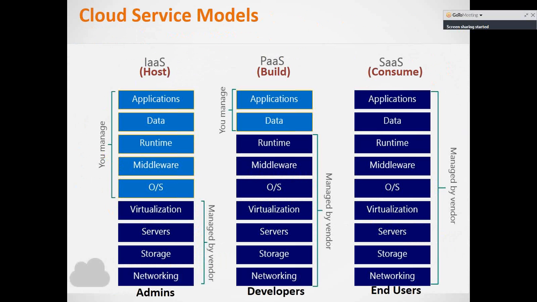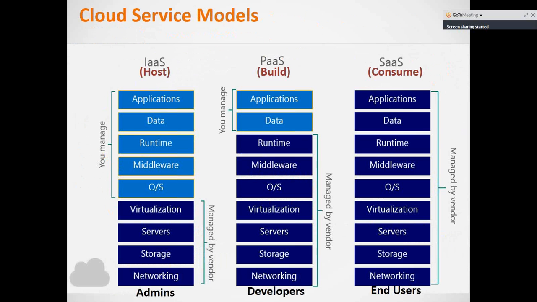So what is the difference, why do we need this, and when do we need it? Let's say we are working as an administrator, and someone asks me to create a new machine. Instead of setting up a machine in our data center on the company's premises, we can go to the cloud and ask for a machine, where the service we are asking for is infrastructure as a service.